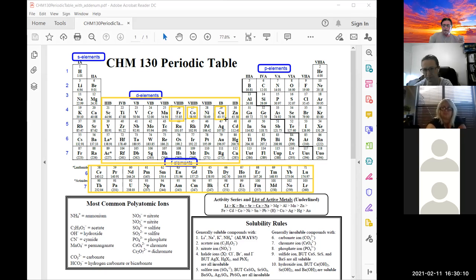We can't predict how many valence electrons the B elements have on their outermost shell at this point in time. We will learn how to figure that out later on. But for the A's, the Roman numeral 1 through 8A, no question there. By looking at what group they're in, you know how many valence electrons they have.